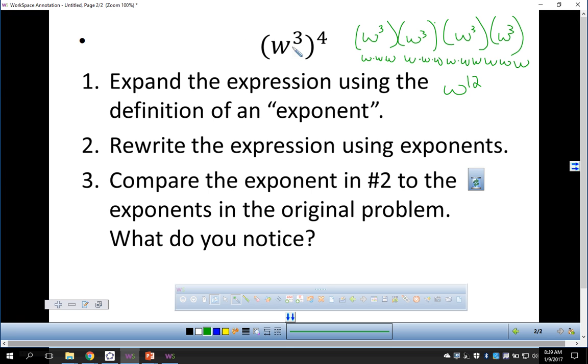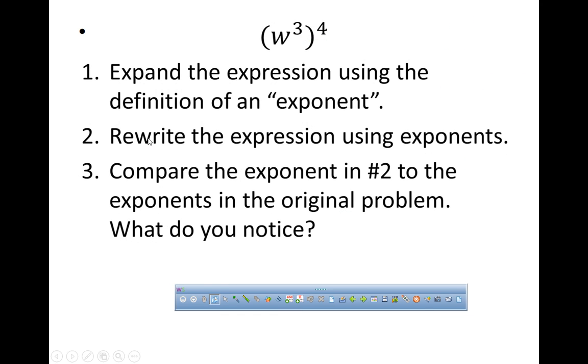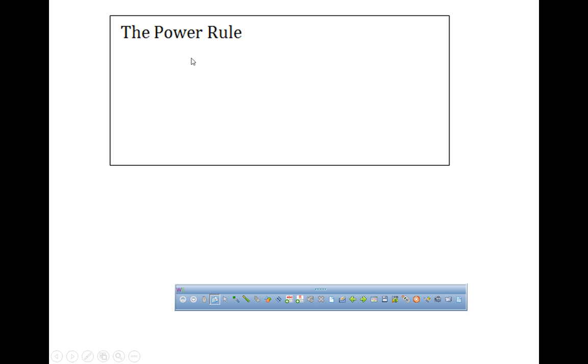Anyone think they might recognize a rule? How does this 3 and 4 compare to this number right there? Multiply. Okay? So that's called the power rule.